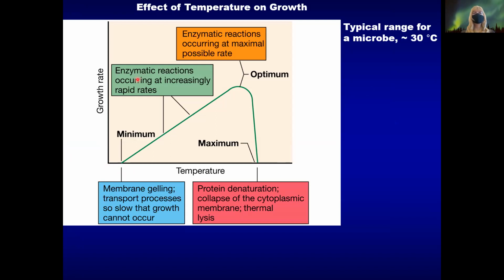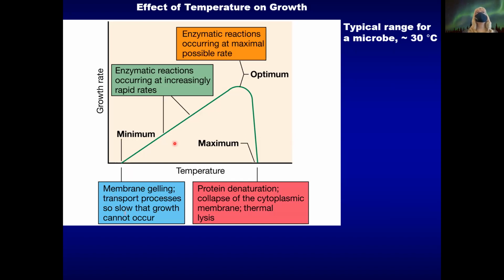So what that means is at really cold temperatures, organisms that aren't adapted to the extreme cold, what tends to happen is the membranes gel up. And once your cell membrane gels and becomes more rigid, things get really challenging to the point of death, because your transport processes really suffer.